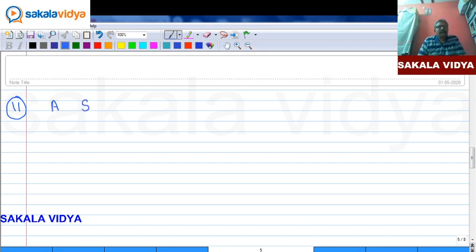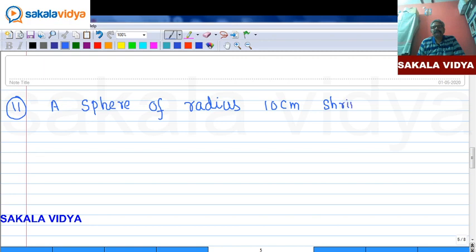A sphere of radius 10 centimeters shrinks to 9.8 centimeters.